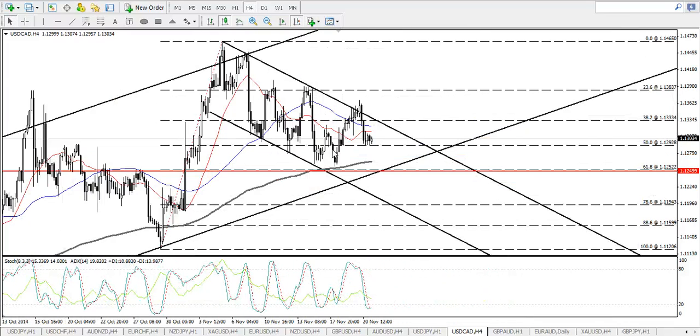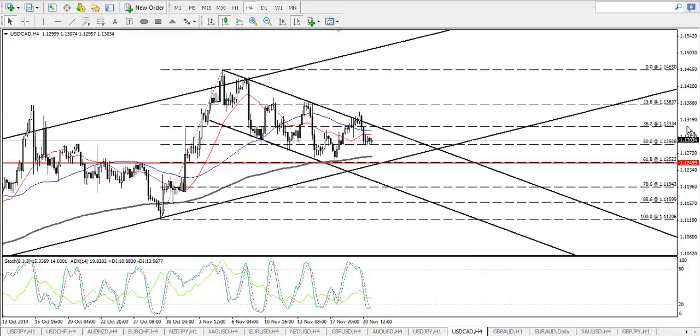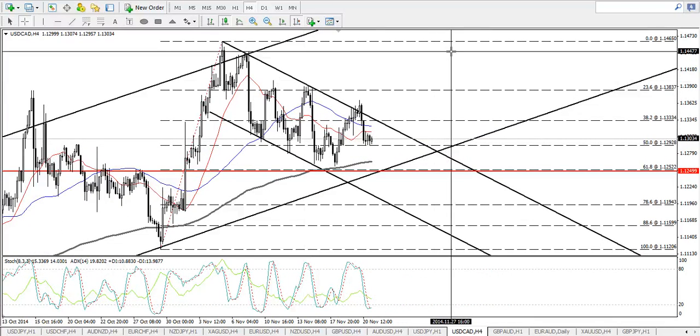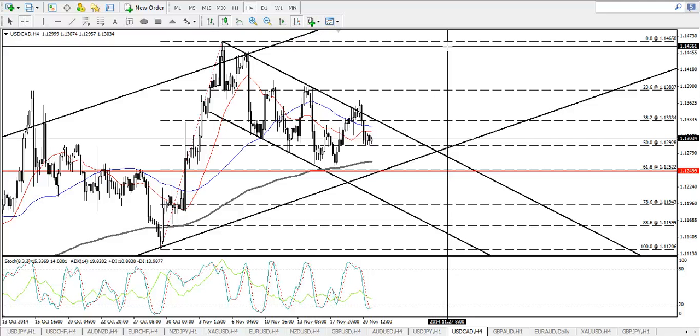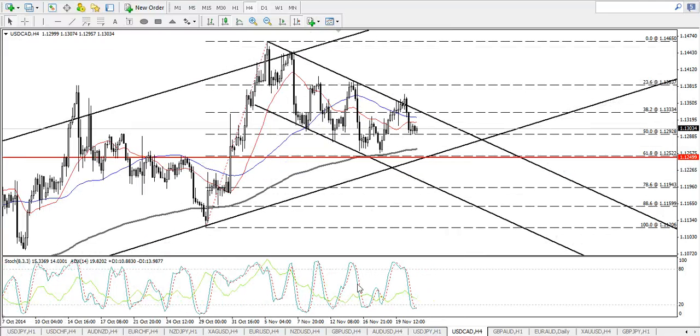So that's for the dollar against the CAD, and on the upside, the first level is the previous high at 1.1456.